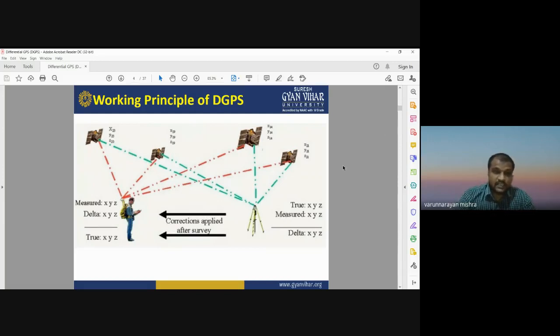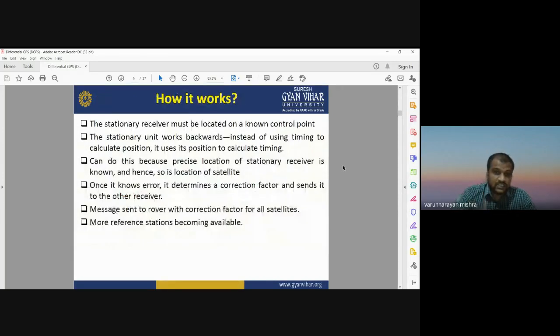And in the next slide, there are different stages, different factors that are used during the working of DGPS. So first, the stationary GPS receiver must be located on a known location. That will be any known control point, any known location in your study area. And that stationary base station works backward.